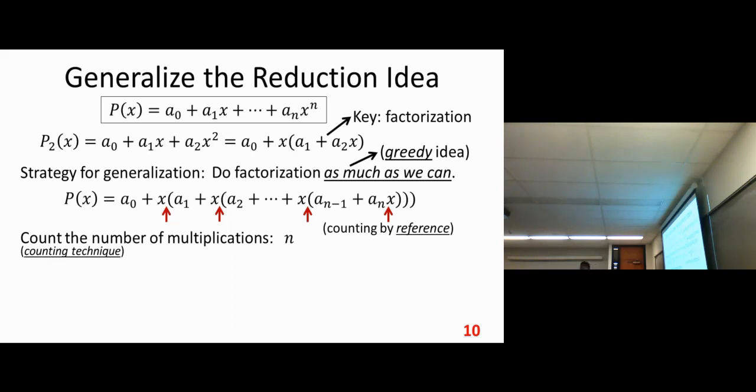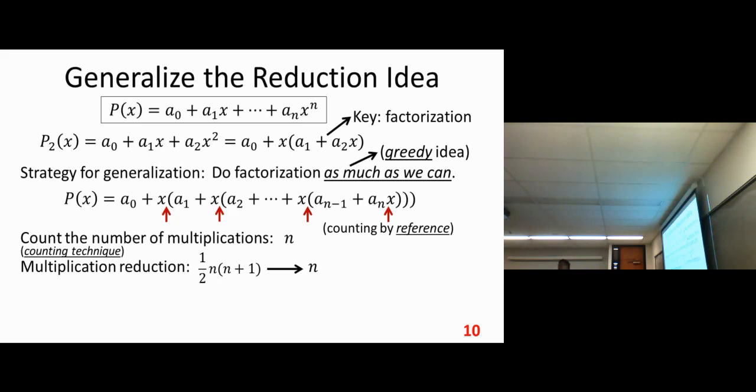Now, conclusion. How much do we gain in this method? Multiplication reduction. Let's compare. The old method, we have this expression from last time. The new one, N. Can you see the improvement?